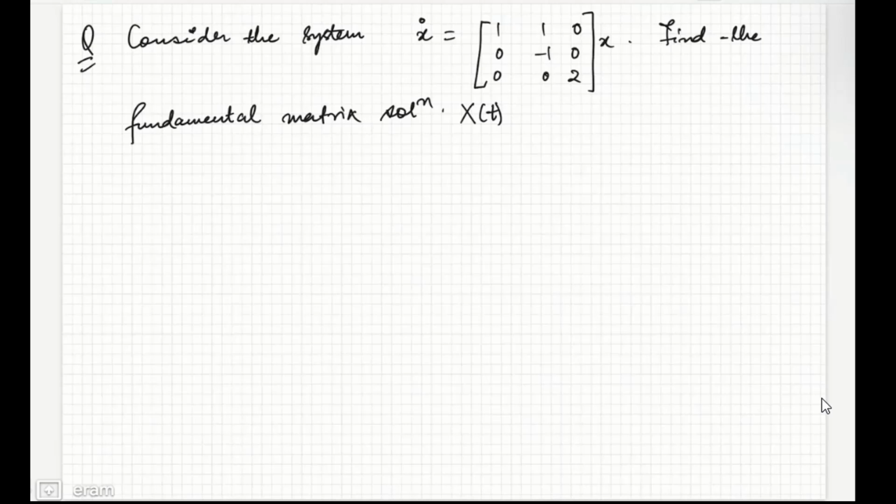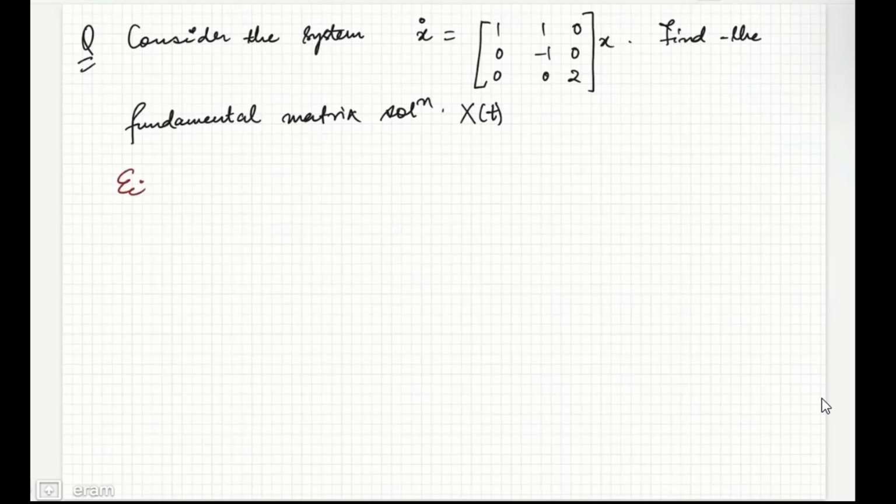That will give you X(t). So we follow the same procedure as before: calculate the eigenvalues, calculate the eigenvectors, calculate the solution basis, and then cascade them as column vectors.